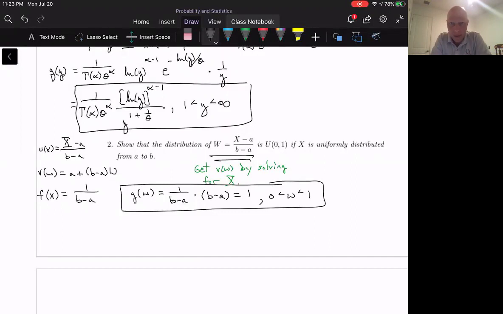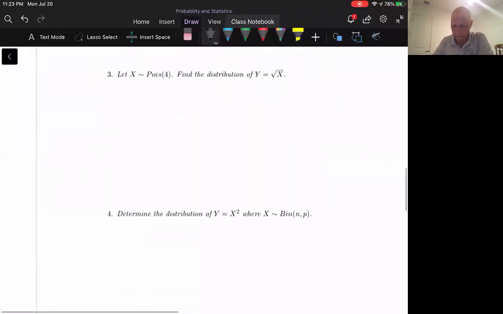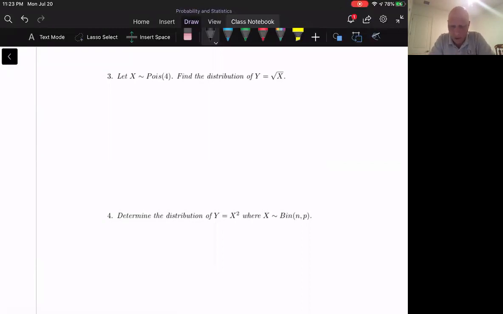All right, I don't see anything on the chat board, so let's take a look at number 3. And this is our first discrete one. So we are given that x is Poisson 4 distributed. We want to find the distribution of y, where y equals the square root of x. Is y equals root x monotonic?